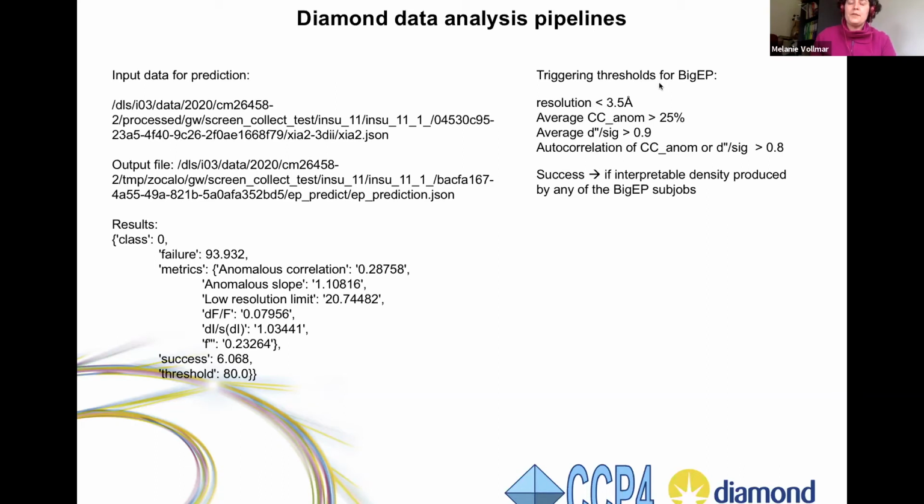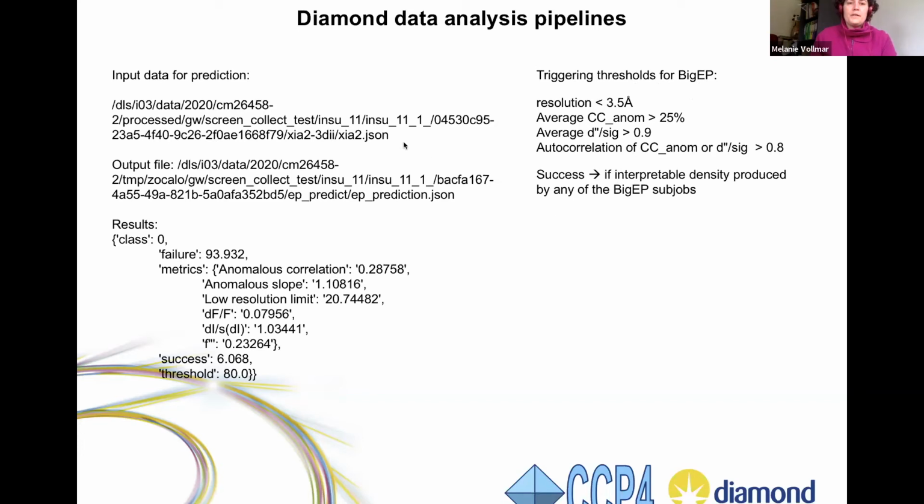So my aim is to predict which of my data sets will actually result in anything positive from the BigEP pipeline. A success is defined as one of the 3 programs producing an interpretable electron density map.